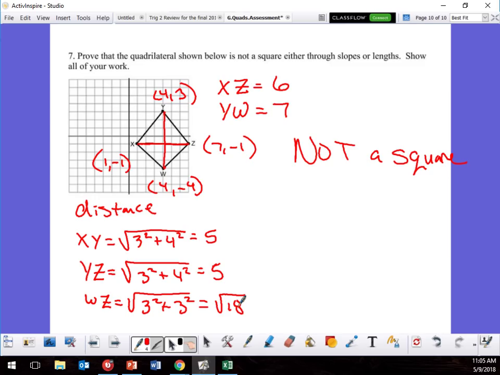And then my next one is WX. How far is it from 1 to 4? 3. How far is it from -1 to -4? 3. Square root of 18.